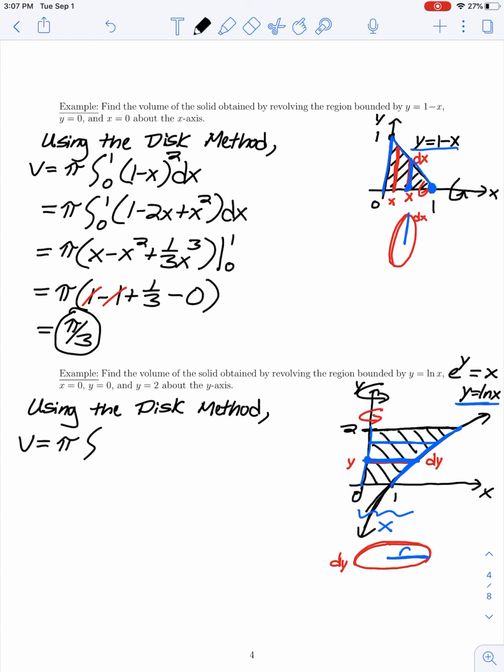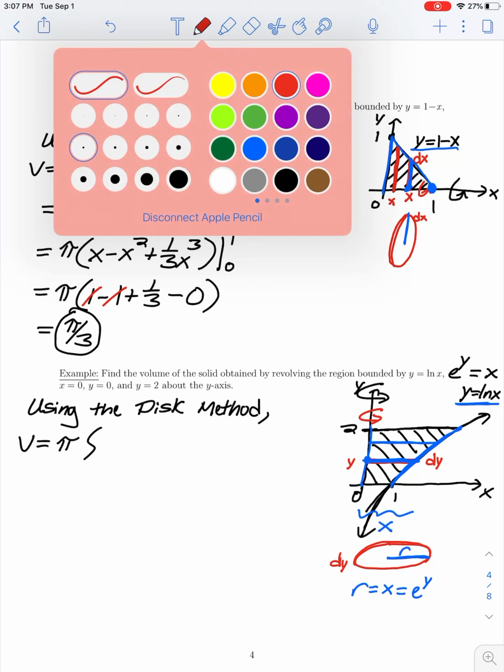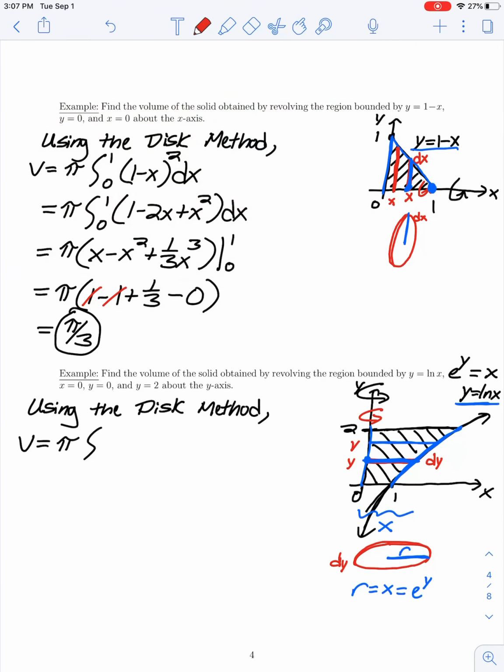So the radius of my disk here, which is the horizontal distance I travel from the y-axis, is given by e to the y. We see depending on what value of y I choose, I can travel a further distance, so I'm going to have a larger radius depending on what I choose for y.